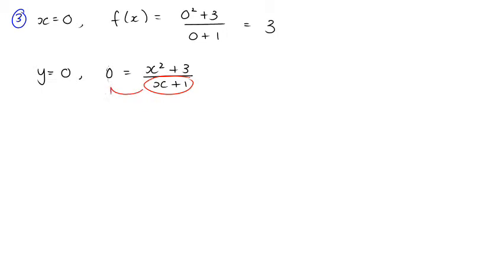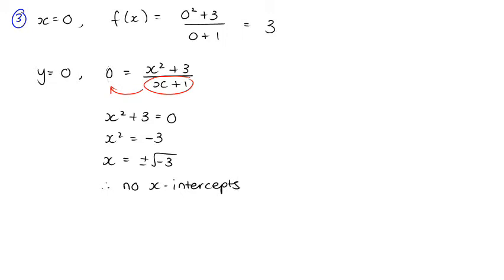Just take this over and multiply it. Multiply it by 0, you get 0. So x squared plus 3 equals 0. Take the 3 over. x squared equals negative 3. x equals plus or minus the square root of negative 3. Does that number exist? No. So no x-intercepts. The line will not cross the x-axis.